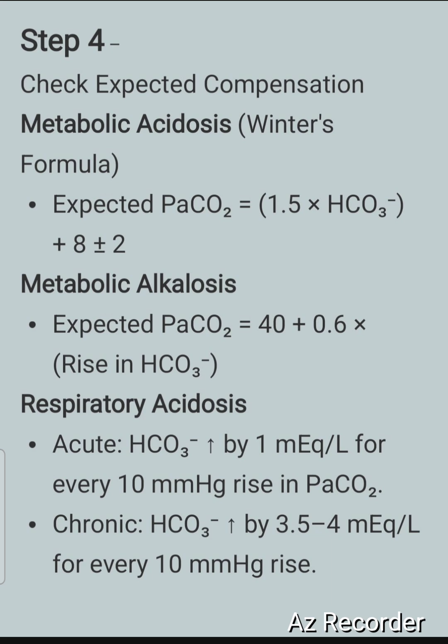In respiratory acidosis, in case of acute, bicarbonate increases by 1 for every 10 mm mercury rise in PaCO2, whereas in chronic, bicarbonate increases by 3.5 to 4 milliequivalent per liter for every 10 mm mercury rise.